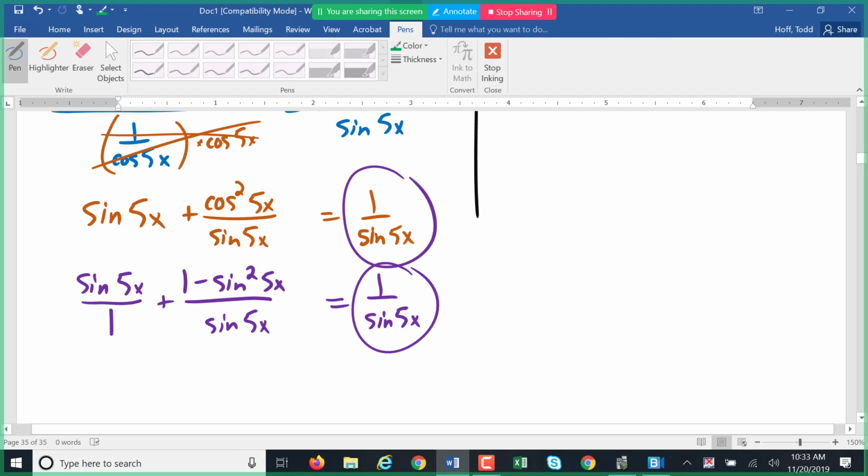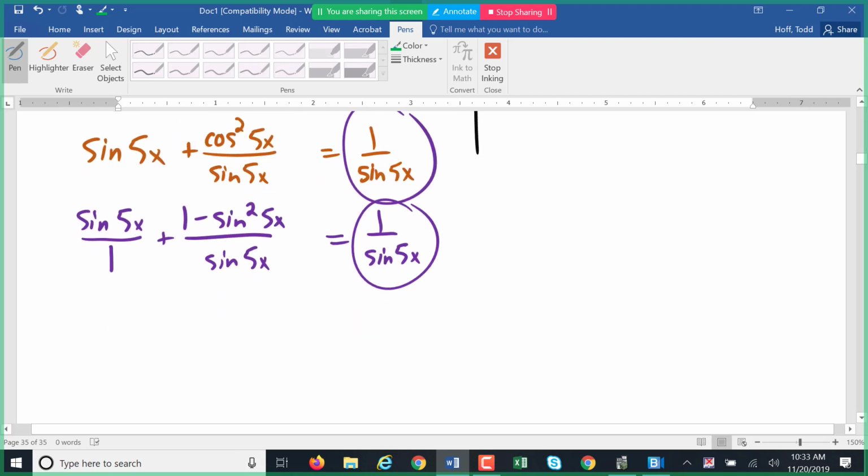So now here, rather than just cross-canceling and multiplying, I'm adding. And to add, I have to have common denominators. So we're going to use a common denominator of sine of 5x. That second fraction is going to stay 1 minus sine squared of 5x over sine of 5x.